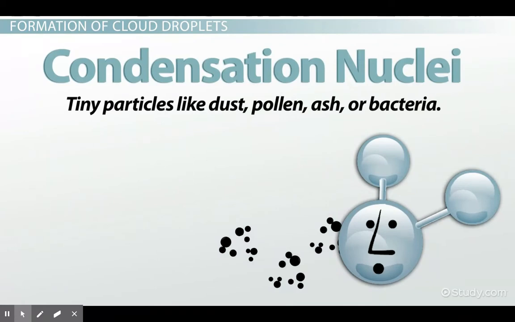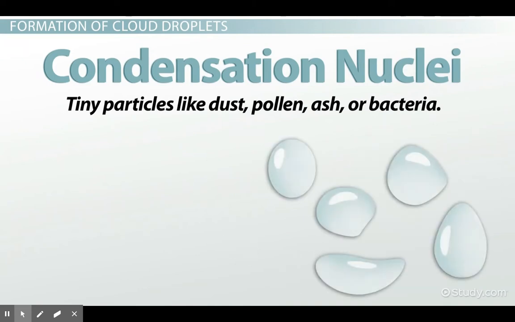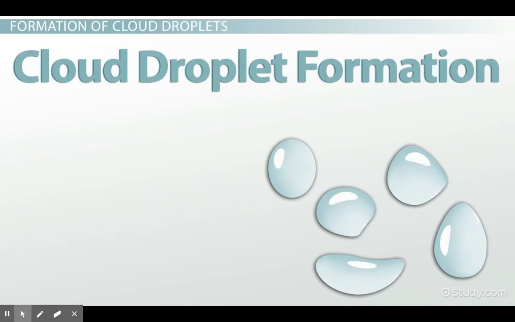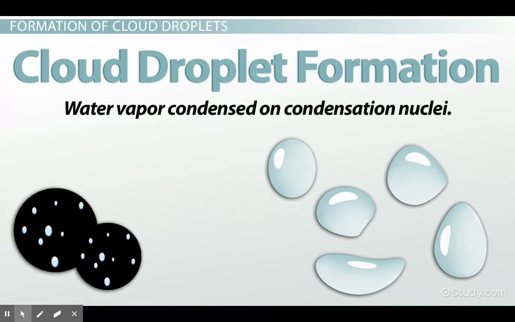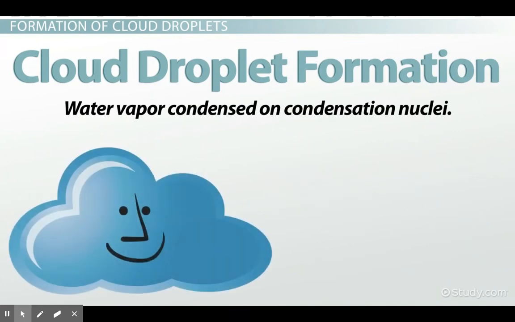And when Wally collides with these tiny particles, he's able to condense, turning into liquid water that is suspended in the air, otherwise known as a cloud droplet. So, cloud droplet formation just means water vapor condensed on condensation nuclei. If Wally and all of his friends become cloud droplets, they will collectively become a cloud.